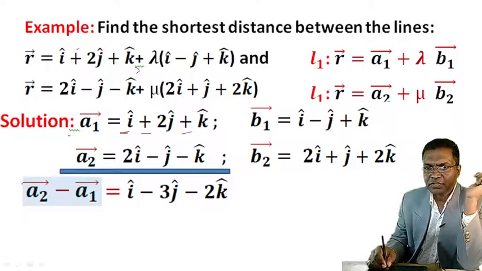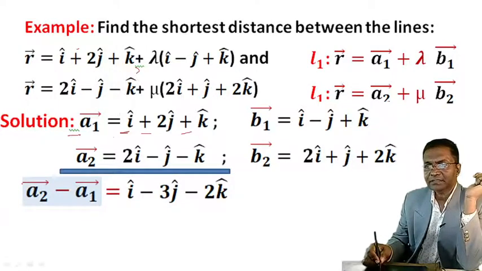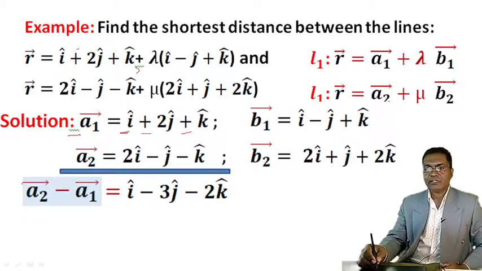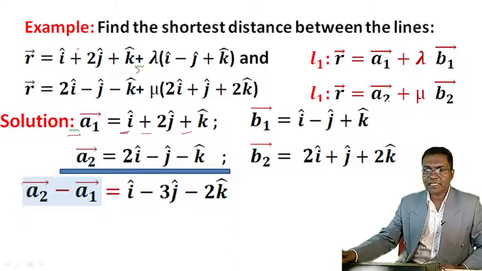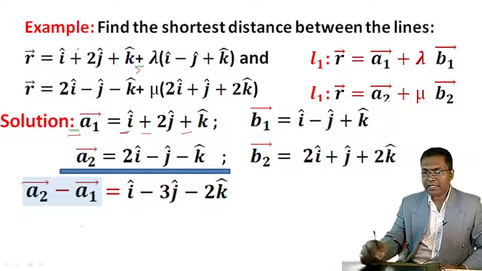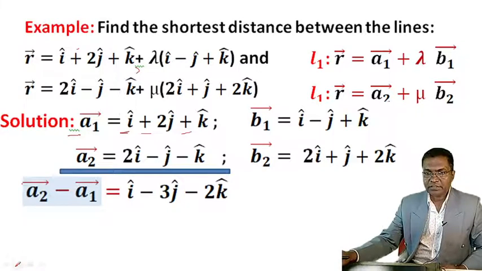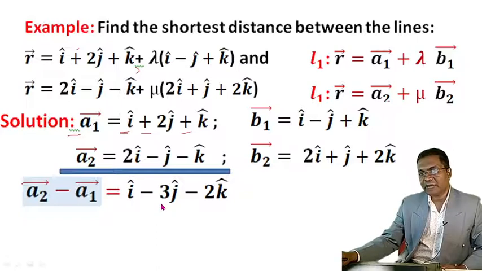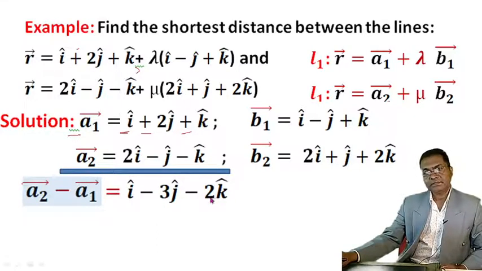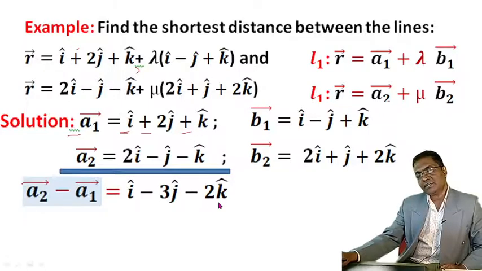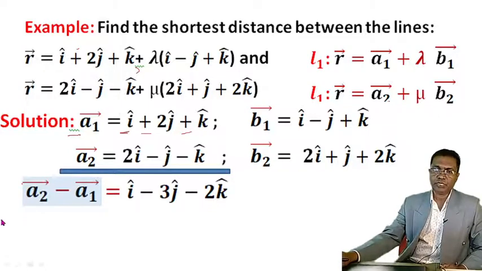So changing the sign and adding: 2i minus i gives you i, and 2i, that's minus j, minus 2j gives you minus 3j, minus 2k, that's minus k gives you minus 2k. So this is your a2 minus a1.